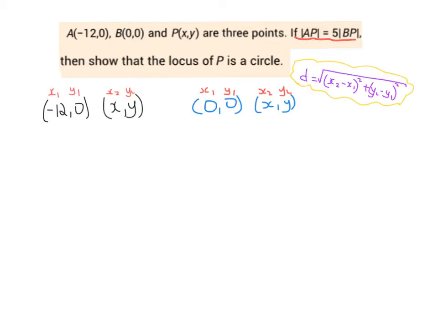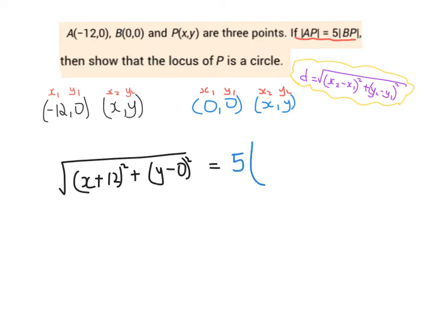First off, using our distance formula, AP is going to be equal to the square root of (x plus 12) all squared, plus (y minus 0) all squared, and that is going to be equal to 5 times the length of BP, which is the square root of (x minus 0) squared plus (y minus 0) all squared.